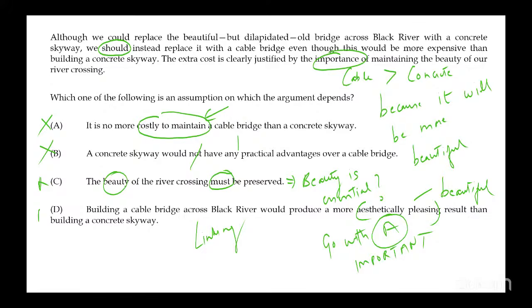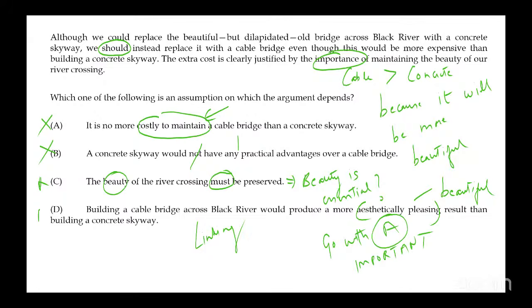The author did not say that a cable bridge will come out to be more beautiful than a concrete skyway. It may seem to us reading the argument that the author has already said it, but the author has not. We just made that connection in our heads because it was quite intuitive.